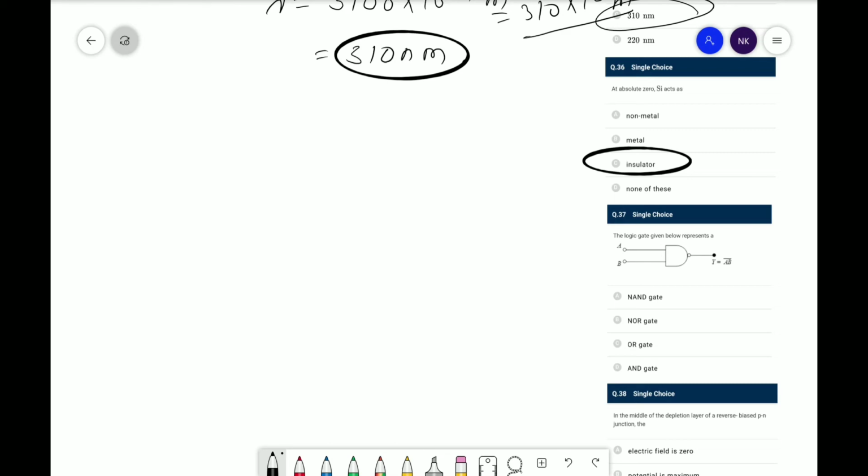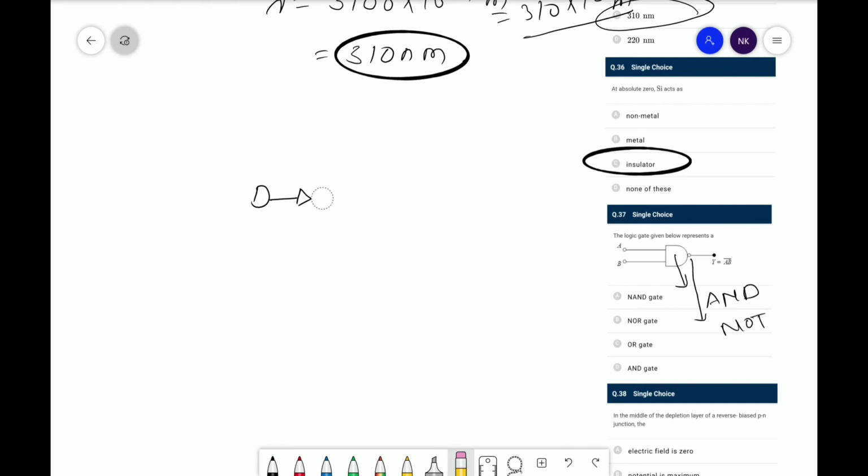The logic gate given below represents what? Here this one is the logic gate of the AND gate, and here a NOT gate is added.